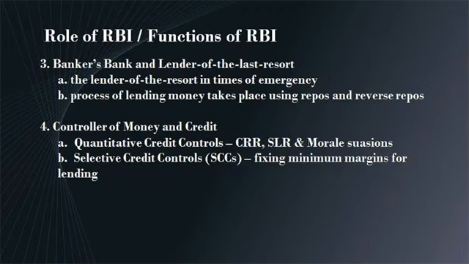The next is selective credit control. It controls the credit flow in the economy, and uses some margins. RBI gives a range; suppose, you cannot give interest to the depositor above or below this number, like 6.5% or 7% is the maximum interest you can give to the depositors.